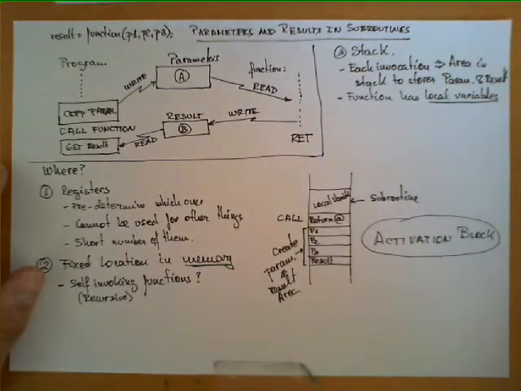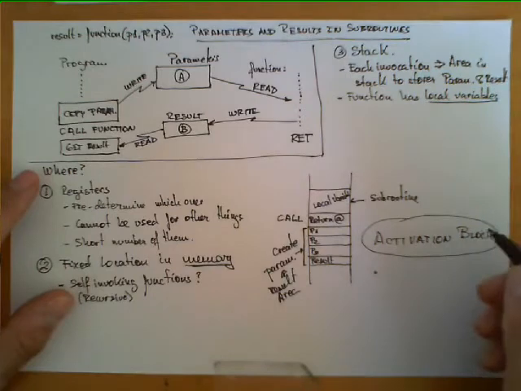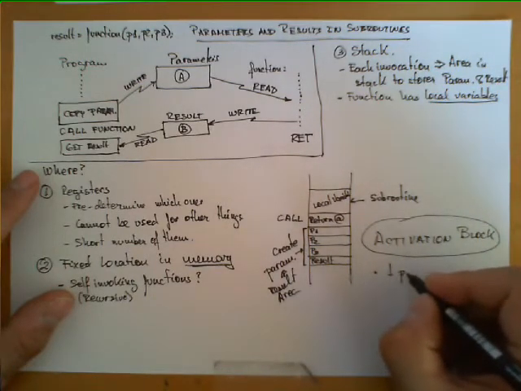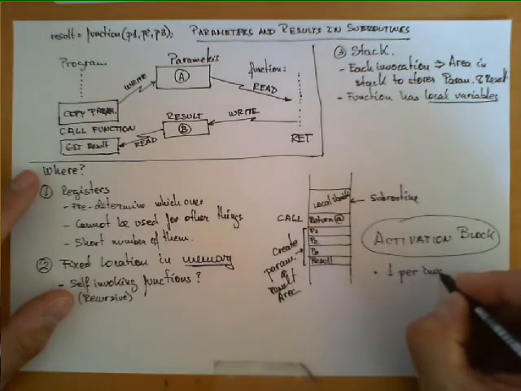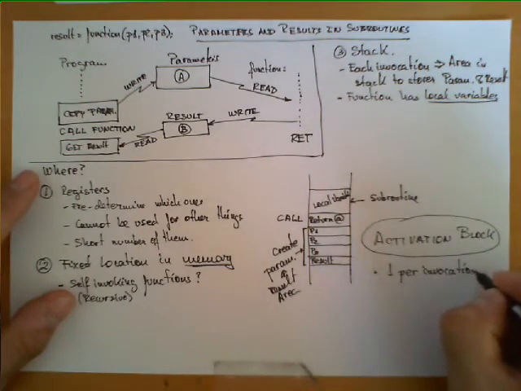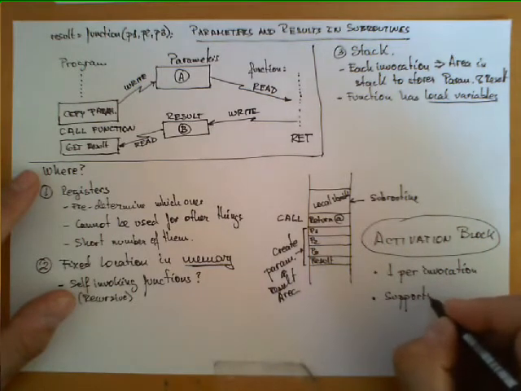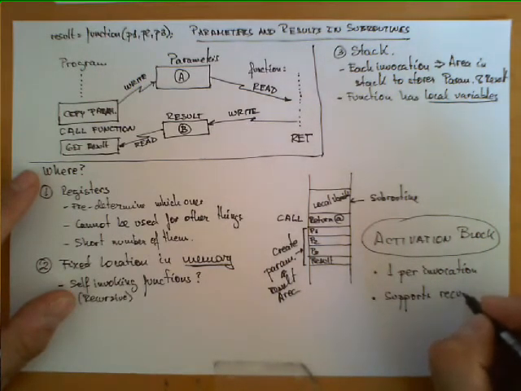And this is the mechanism that is used for subroutine call. Two important features to remember: it is one created per invocation, and it supports recursive functions.